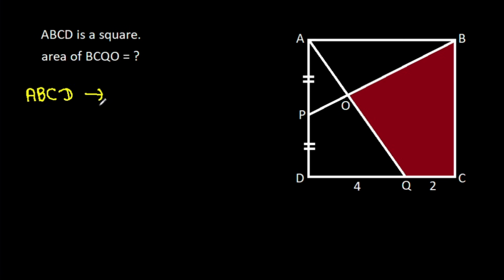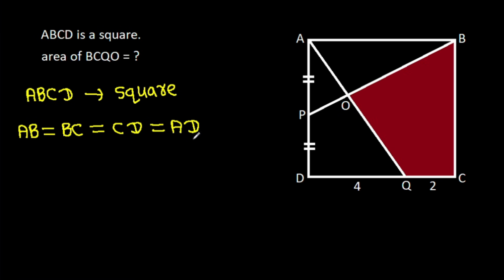So ABCD is a square. That means AB will be equal to BC, equal to CD, equal to AD, and CD is 4 plus 2, that will be 6.